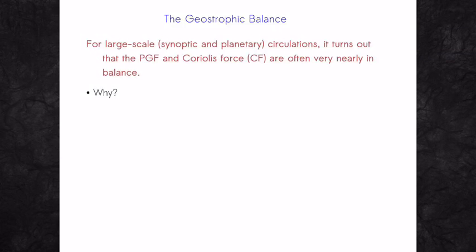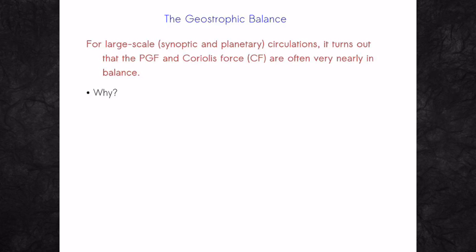So in the last screencast, we talked about how we classify circulations into different categories based on their scale, specifically their temporal scale or their spatial scale. The reason that came up is that for circulations at different scales, the way our main forces that drive the flow, i.e. the pressure gradient force (PGF) and the Coriolis force, interact is very different.